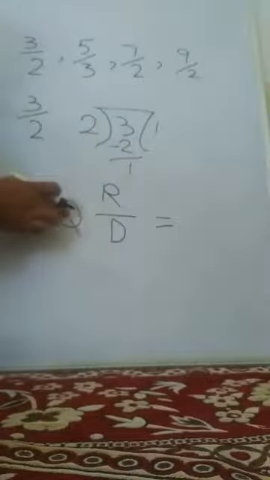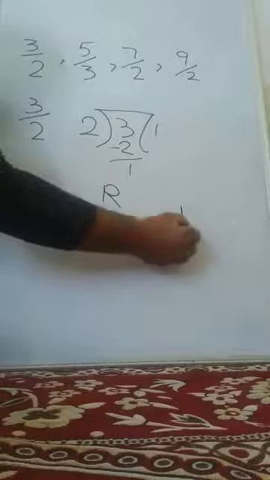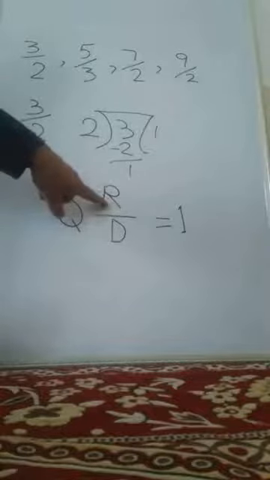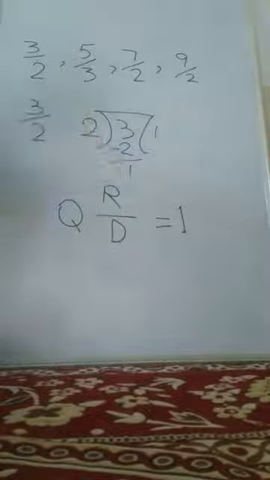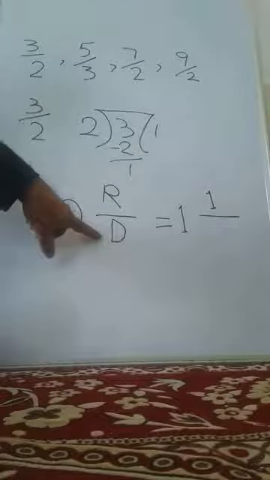Q means quotient, quotient is 1, write 1 in place of Q. In place of R, remainder is 1, write 1 here. And in place of D, what does D mean?